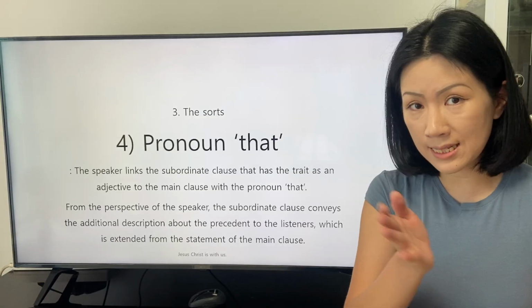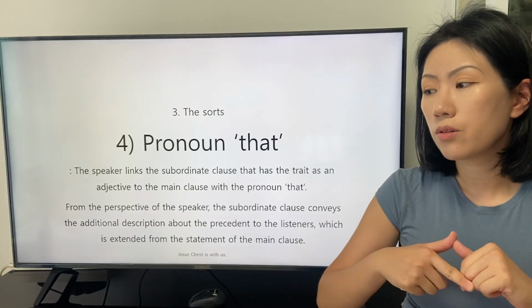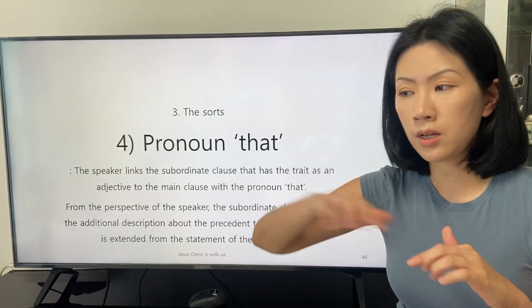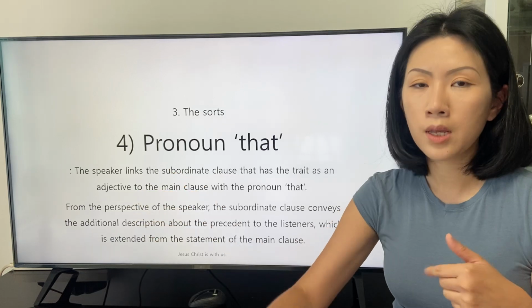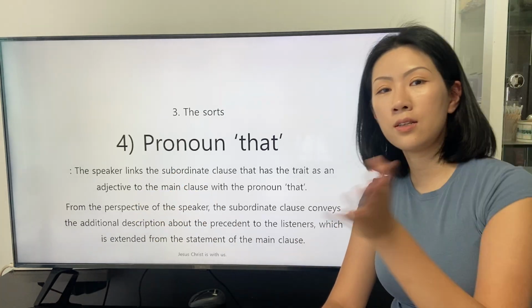Compared to these pronouns, the pronoun that is applied to indicate the whole precedent in the main clause. We will study that in this class.